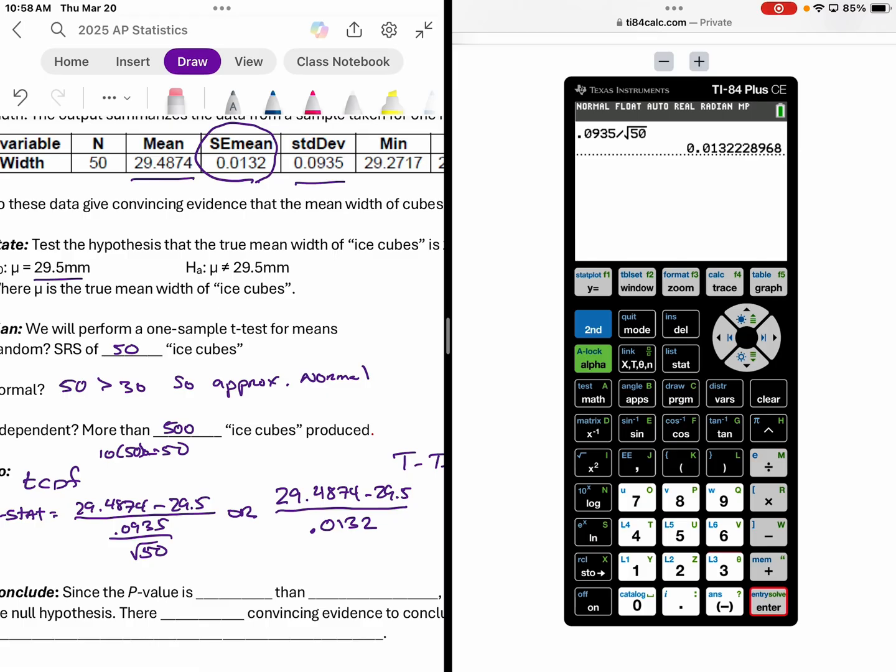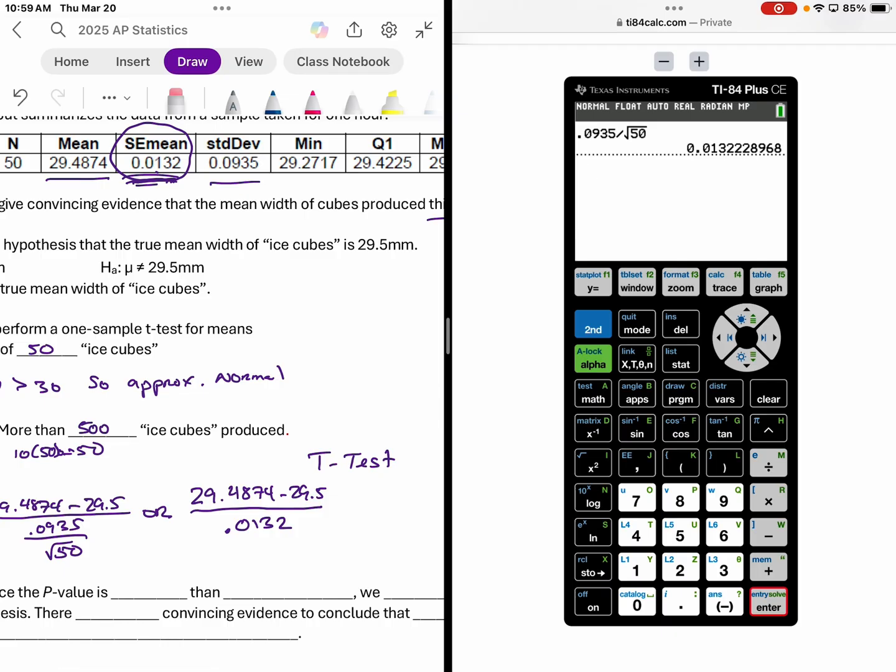So to save time, when they give you this printout, you can just use the standard error mean as the whole denominator. Then I can simplify that, and that gives me a negative 0.9545.